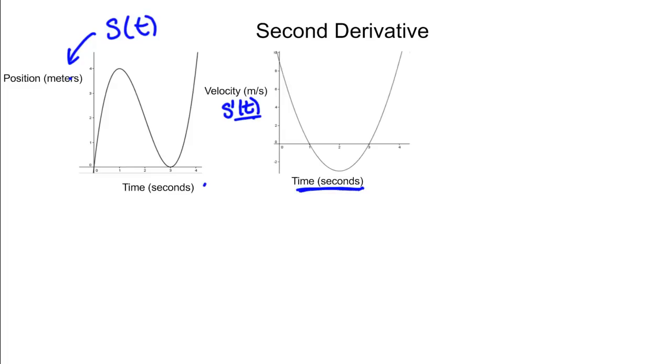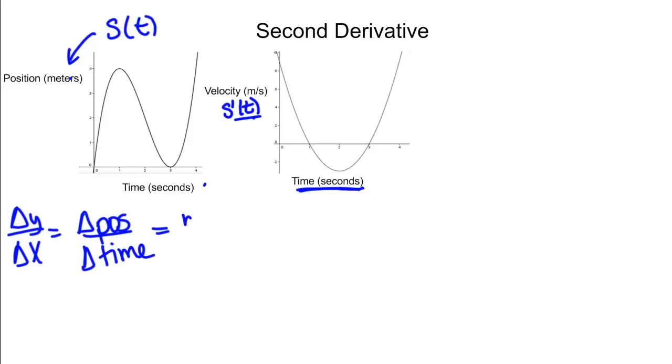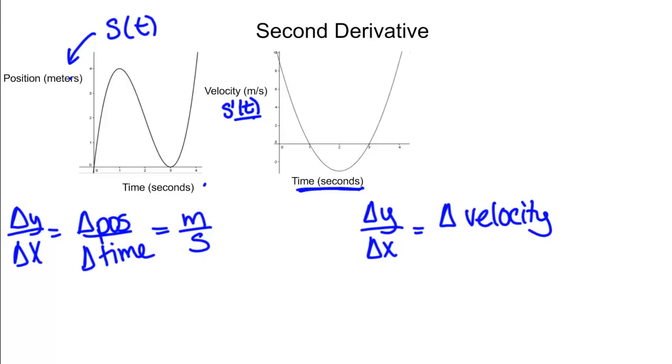So before, our change in y over change in x was our change in position over our change in time, and we got meters per second. So now if we do change in y over change in x, we get change in velocity over change in time.